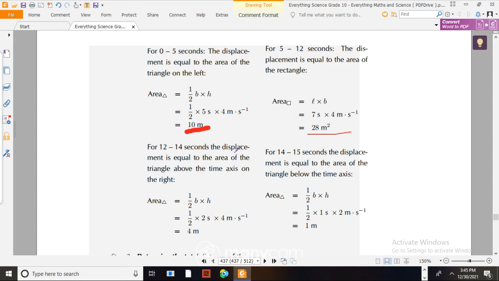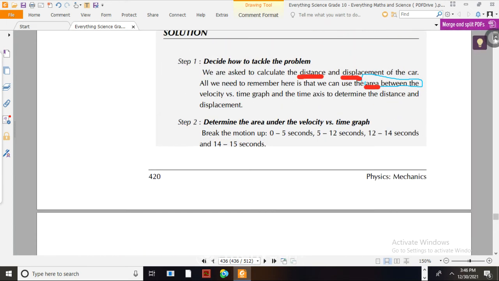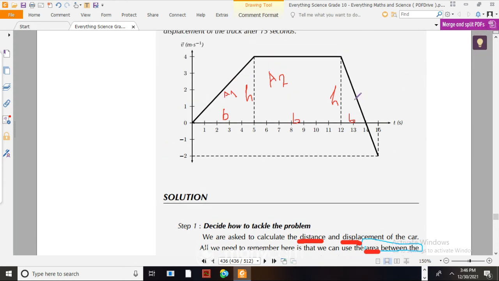For 12 to 14 seconds, the displacement is equal to the area of the triangle above the time axis. Remember, above. So area 3 is half of BH: half of 2 seconds, because from 12 to 14, multiplied by 4 meters per second.